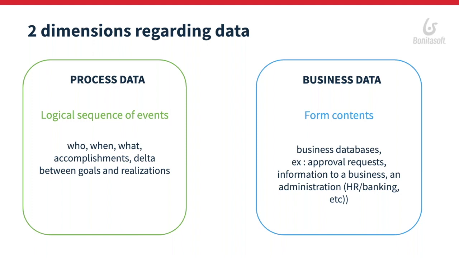So process data, what you see on the left here in green, is meant to be the set of data you get when running processes. In general, if you look at processes, those are sets of generic data, where you see things like who did what in the process. So Kai, for example, entered a process and sent over a request to Delphin.